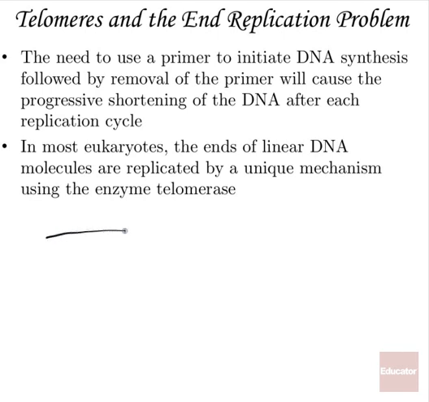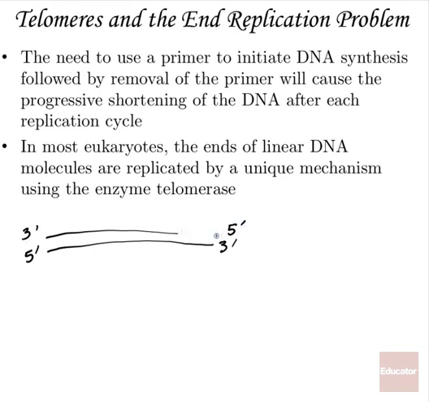So if we draw our telomeres again, we have 5 prime, 5 prime, 3 prime, 3 prime. Remember, this was a primer that we've had to remove. So we have a 3 prime overhang.